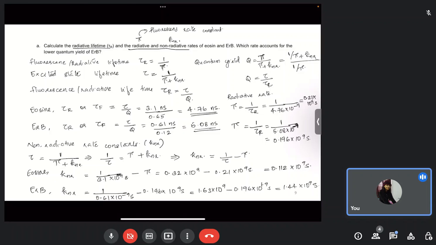So the non-radiative decay rate in case of eosin is much lower than the non-radiative decay rate of erythrosin. So that's why eosin has a better quantum yield, that you can see from here itself.